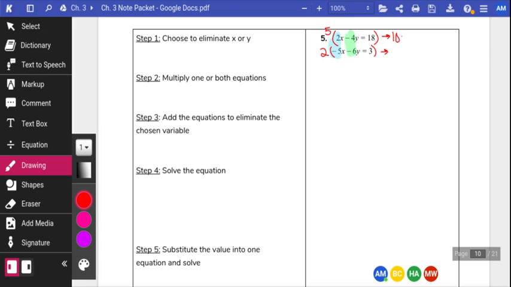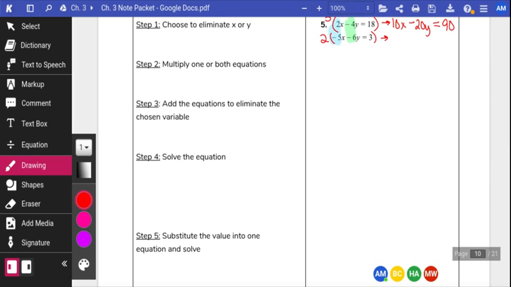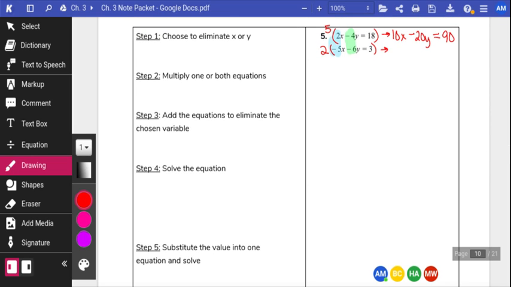5 times 2 is 10x, minus 5 times 4x is 20y, equals 5 times 18, 90. Now I'm going to do the second equation. 2 times negative 5 is negative 10x. 2 times negative 6y is negative 12y, is equal to 2 times 3, 6.